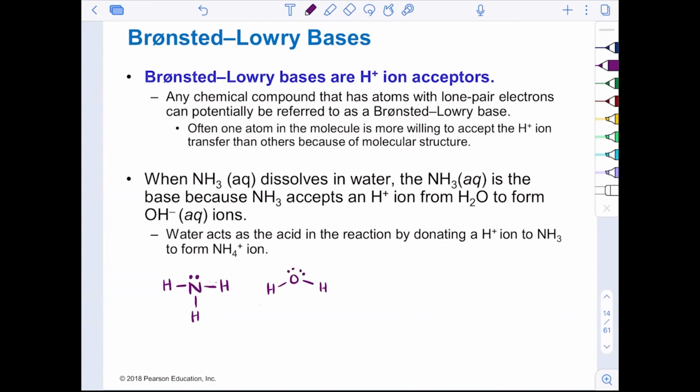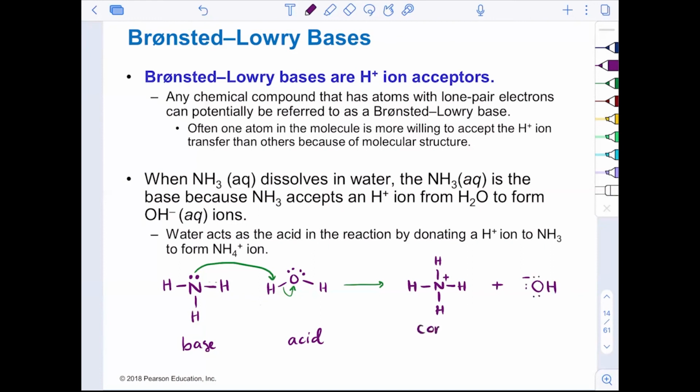In this case, NH3 is the base and water is the acid. Nitrogen is a very, very good base. It likes to pick up extra things. It can become positively charged. What that does for us is it makes NH4, and if we did the formal charge here, we'd see that it was +1 and hydroxide -1.